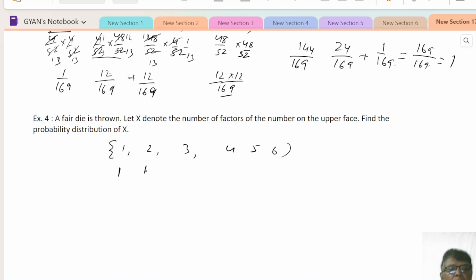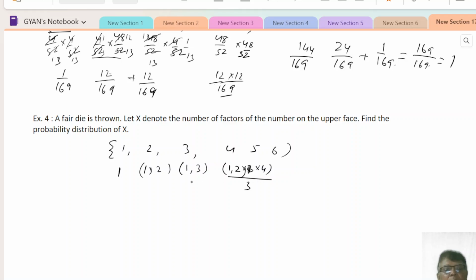For 1, the factor is just 1. For 2, the factors are 1 and 2. For 3, the factors are 1 and 3. For 4, the factors are 1, 2 and 4.